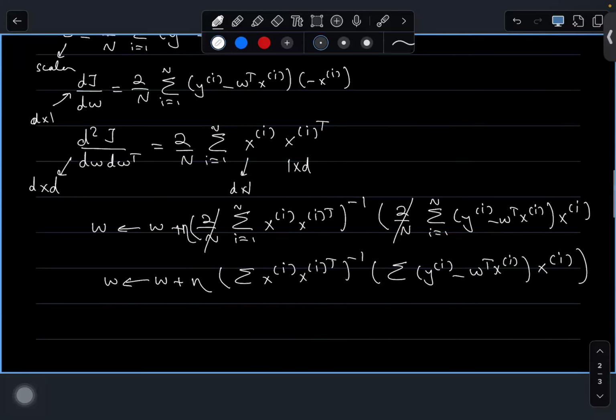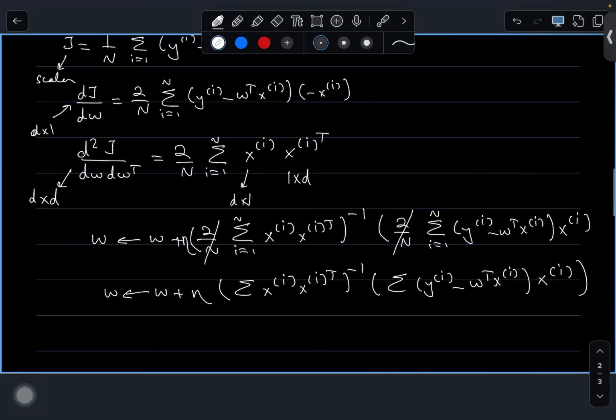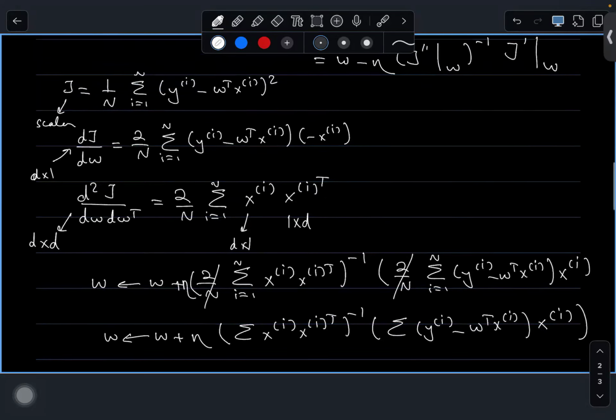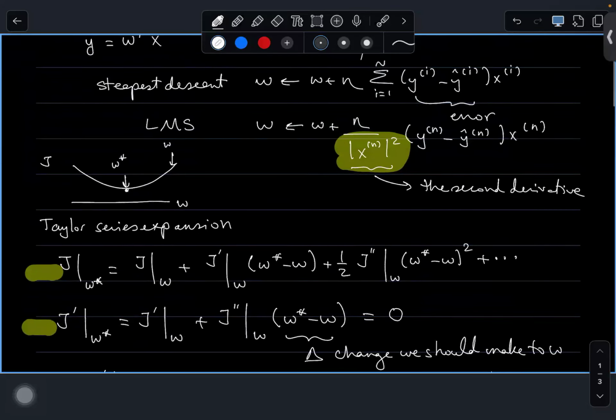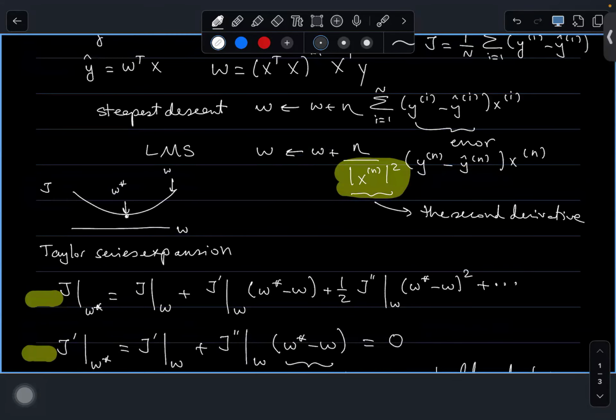okay. So you see how I'm taking xi and I'm dividing it by the magnitude of x squared, and that's effectively what I was doing here with LMS, this term here. So that's where that comes from.